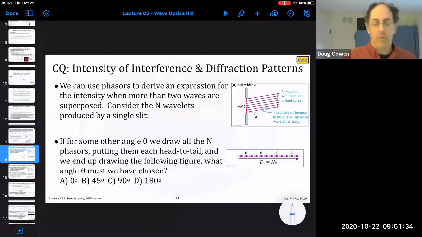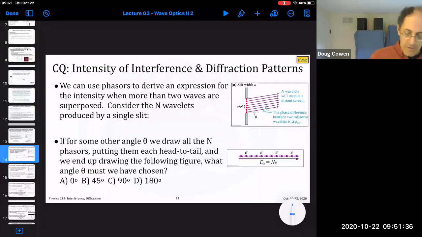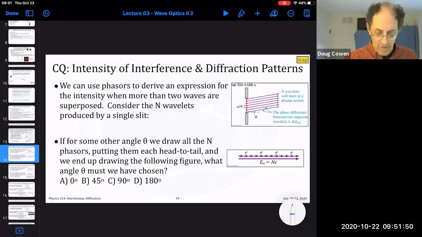And one case where we have multiple waves being added together is through diffraction, or light that's going through a diffraction grating. So imagine you have n wavelets. Those are just a colloquial term for waves. You have n of them produced by a single slit. Okay, and I'm just trying to make the poll here for you to answer.